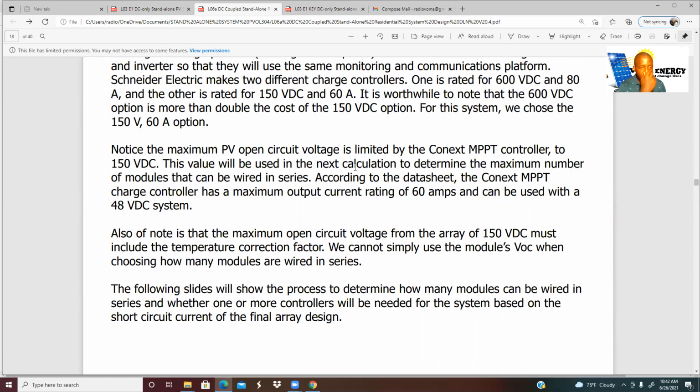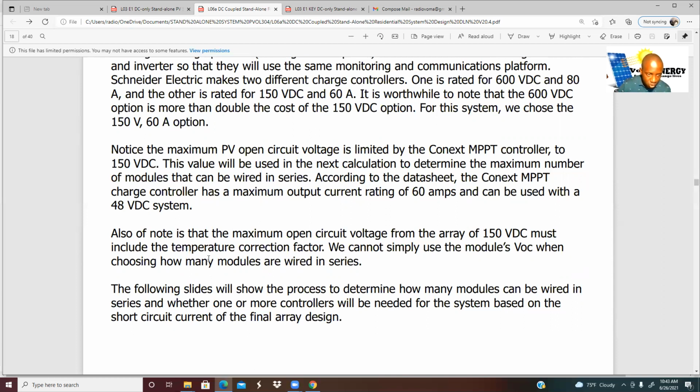This is very important. Notice that the maximum PV open circuit voltage is limited by the Conext MPPT controller to 150 volt. This value will be used in the next calculation to determine the maximum number of modules that can be wired in series according to the data sheet. The Conext MPPT charge controller has a maximum output current rating of 60 amps and can be used with a 48 volt system.